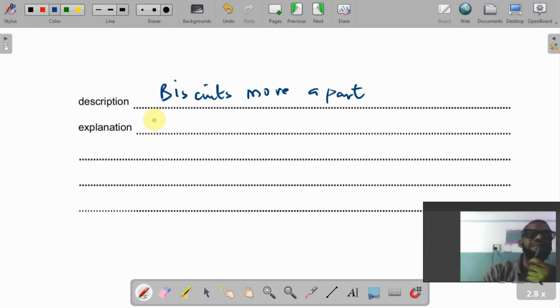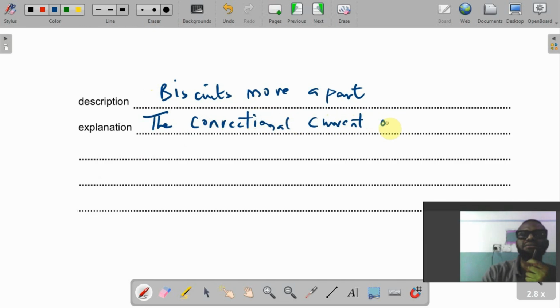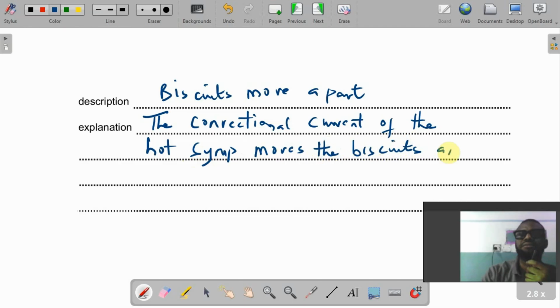The convection current of the hot syrup moves the biscuits apart.